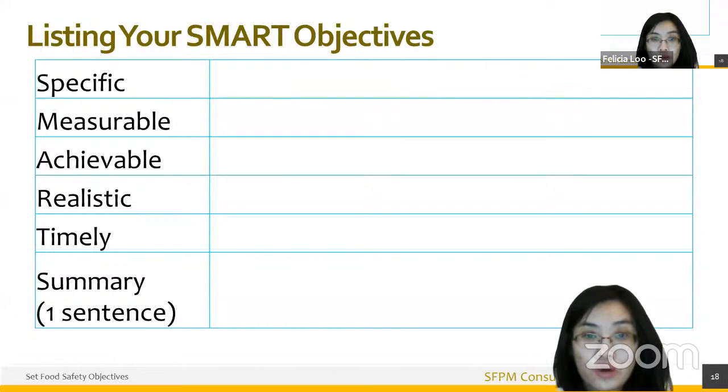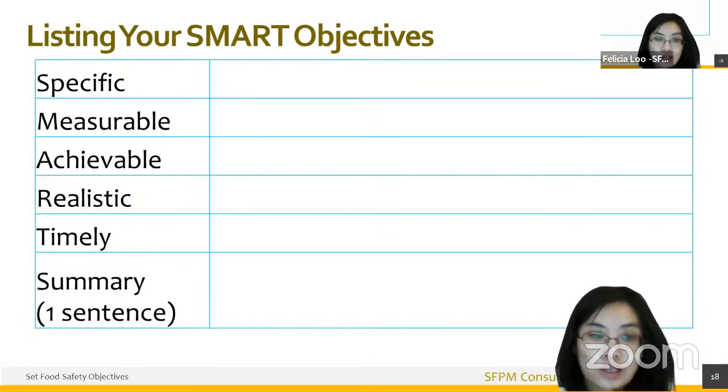objectives. So if you go through your workbook or worksheets for day number 3, you have two sections for your SMART objective. Take about 5 minutes to write down your SMART food safety objectives here, making sure that you're also considering whether it's specific, measurable, achievable, realistic, and timely.